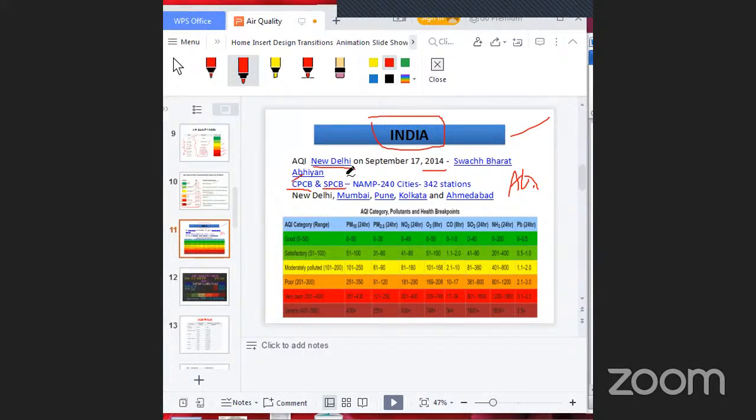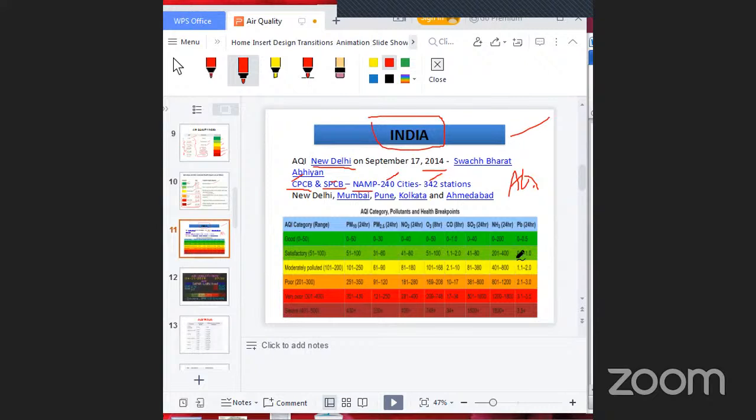This is central and this is state. These two boards have been operating the National Air Monitoring Program, that is NAMP. It is covering 240 cities of the country having more than 342 stations.